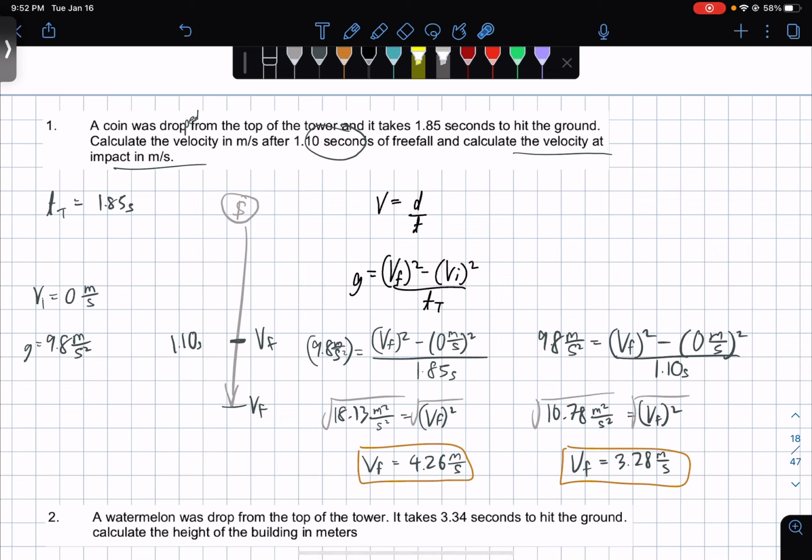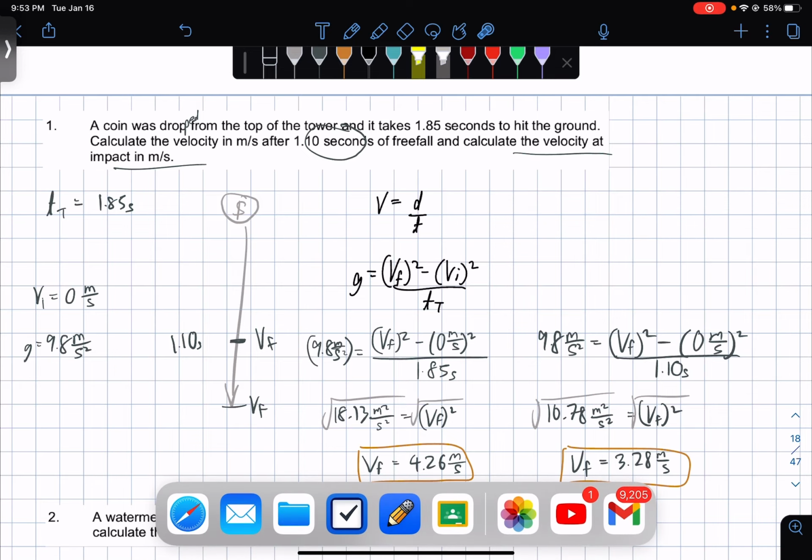The velocity before it hits the ground is at its highest before it goes to 0 again. I'm not sure if that's properly explained, but I hope you understand what I mean.